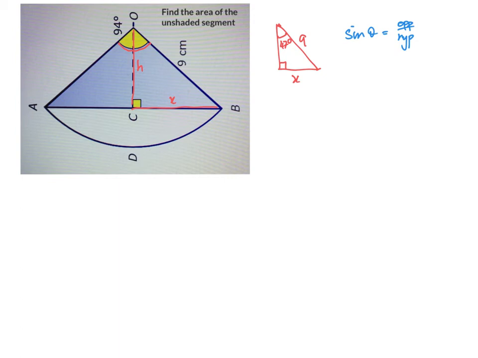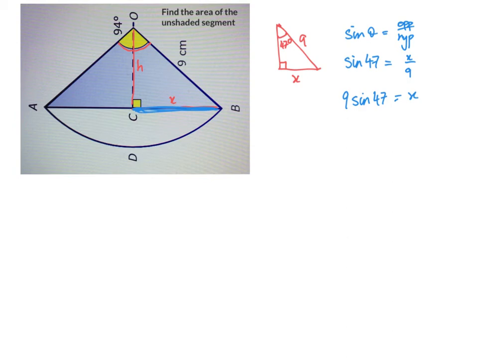But simply, we get that sine of 47 is equal to the opposite, which I'm calling x, divided by the radius 9. And so 9 sine 47 is equal to x. So to get this distance, we take the radius and we multiply it by the sine of whatever angle we have here. So this angle is 47 degrees.